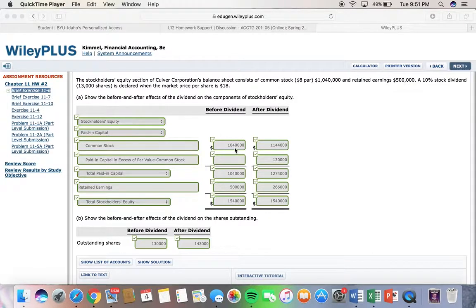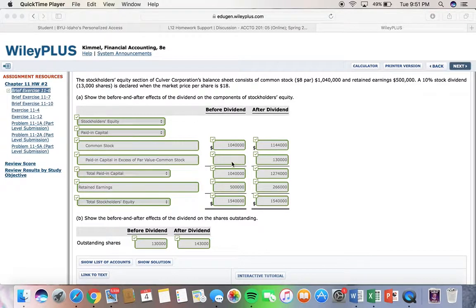When we take 1,040,000 times 10%, it gives us 104,000. So we'll add the 104,000 to the 1,040,000, and it will give us $1,144,000 of common stock after the dividend is issued.